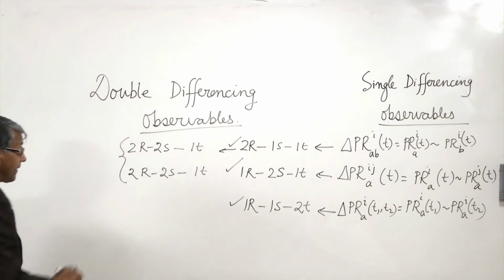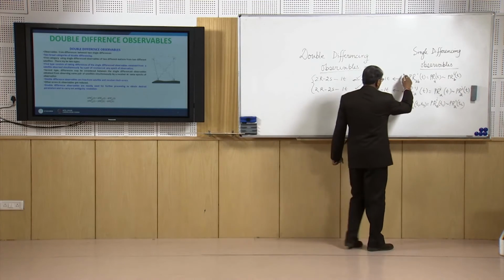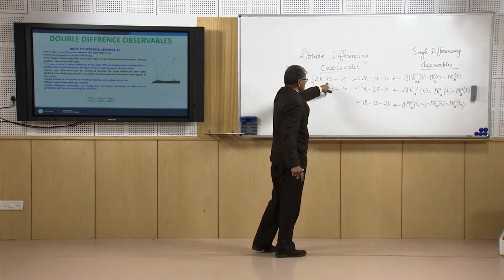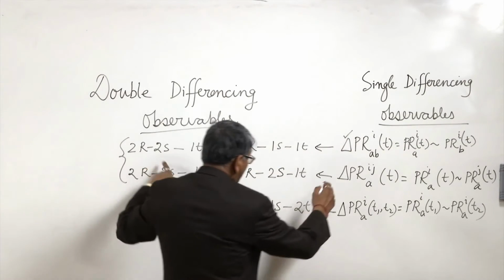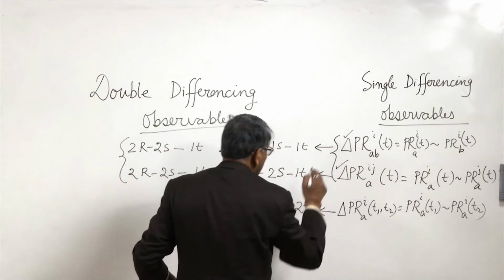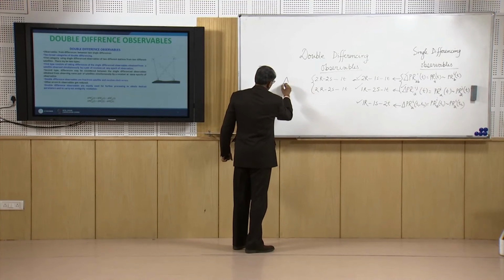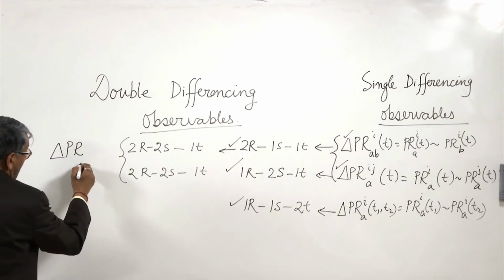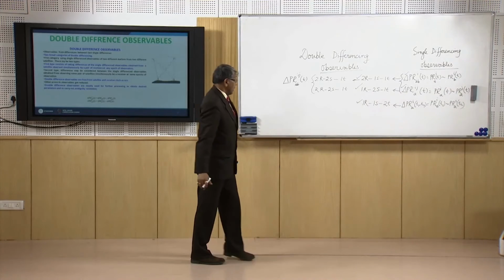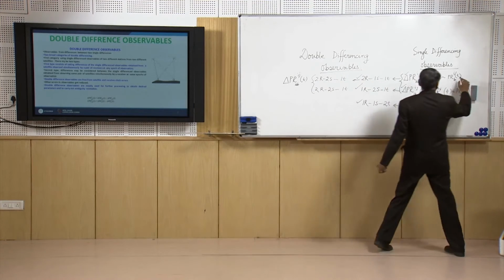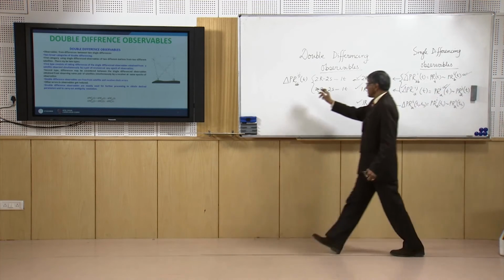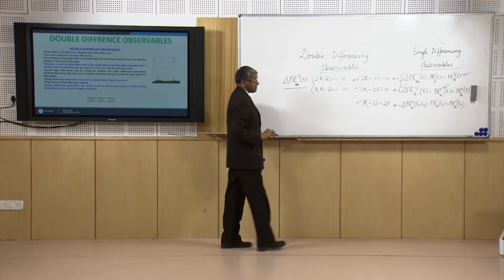So you can see here that if we take the difference of this for two satellites, and if we take the difference of this for two receivers, ultimately we will end up with the same type, like del difference AB IJ T. So whether we take the difference of this type of single observable or this type of single observable, we will end up with the same double difference observable.